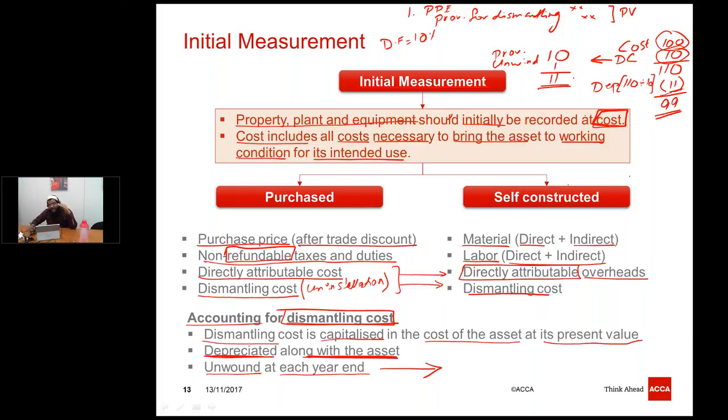So 100 was the asset, 10 capitalized, becoming 110. Depreciating 110 over 10 years life would become 11, and then unwinding the liability by 1, which is 10% of $10 million, is the amount of unwinding.